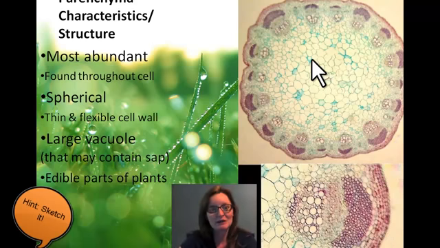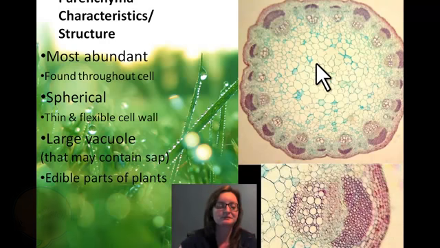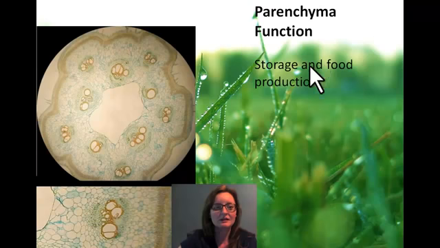Now, what's cool about parenchyma is that it is the edible part of plants. So when you eat a delicious vegetable or a piece of fruit, then you're enjoying the cells of the parenchyma. Typically, we get rid of the peel and things like that that are making up the other tissue types. So, the function of the parenchyma is that it stores the food.